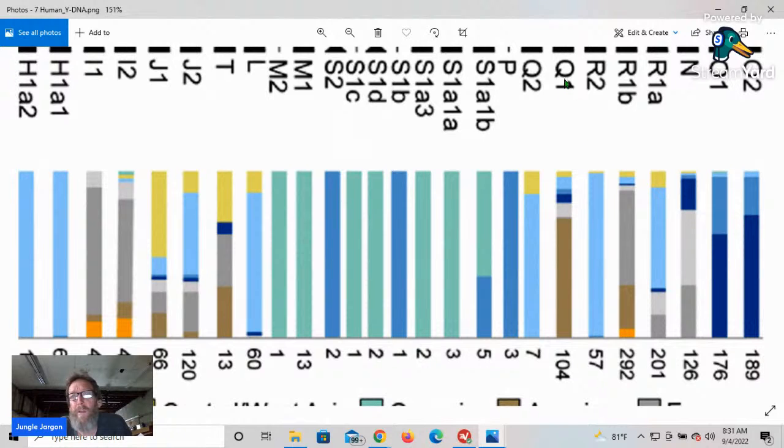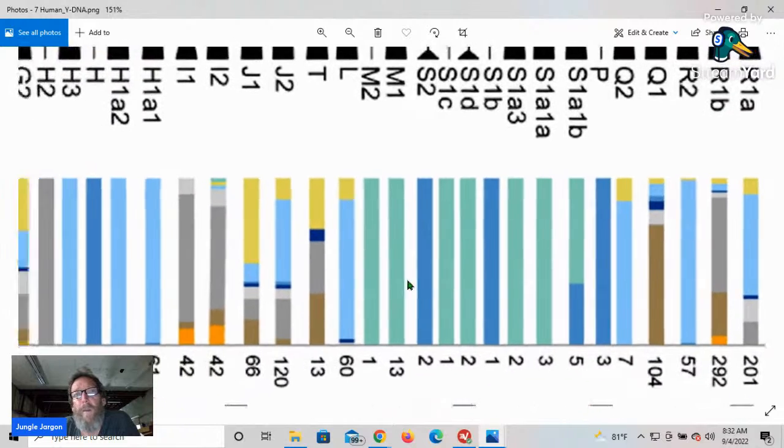Okay, the majority of the indigenous population in America, of course, is Q. Q is in other places as well, but the majority of America consists of Q, and which is Q1. Of course, Q1 is in other areas as well, but the majority of the indigenous population in America is Q. And what do we have over?